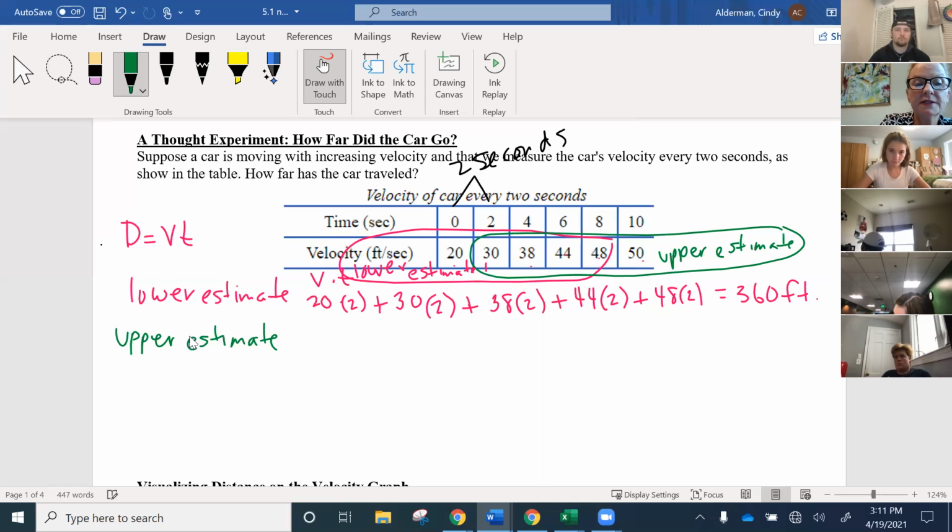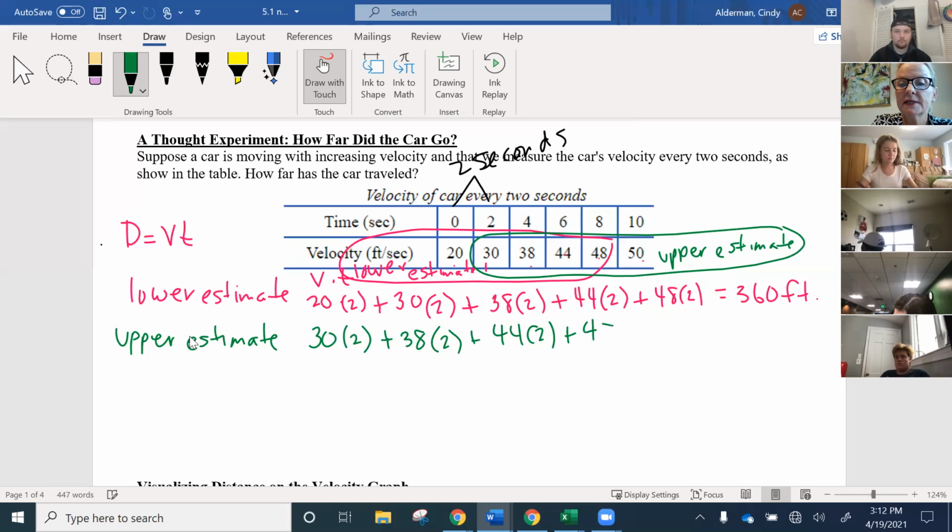So instead of 20, we're going to start with 30 velocity, but it's still 2 seconds. Then we'll go to 38 for 2 seconds, 44 for 2 seconds. You can see by looking at these numbers why one would be a lower estimate and the other would be an upper estimate, right? And then we've got 48 for 2 seconds, and finally 50.